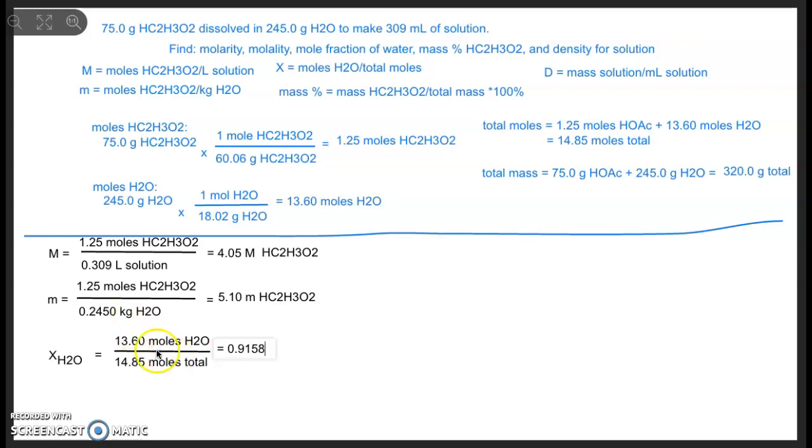Since moles is the unit in the numerator and the denominator, it's just going to be a decimal number. There is nothing else with it.